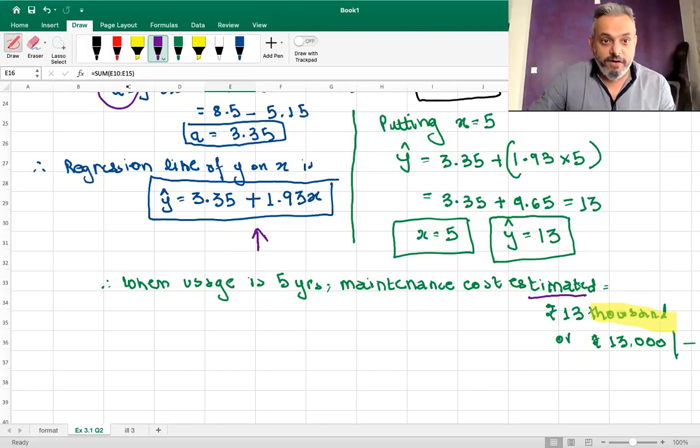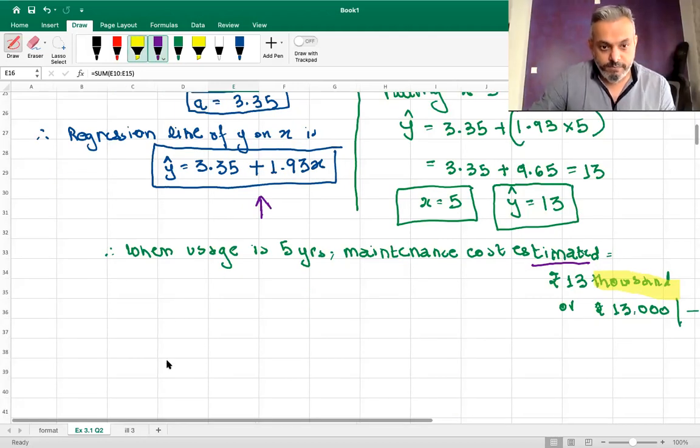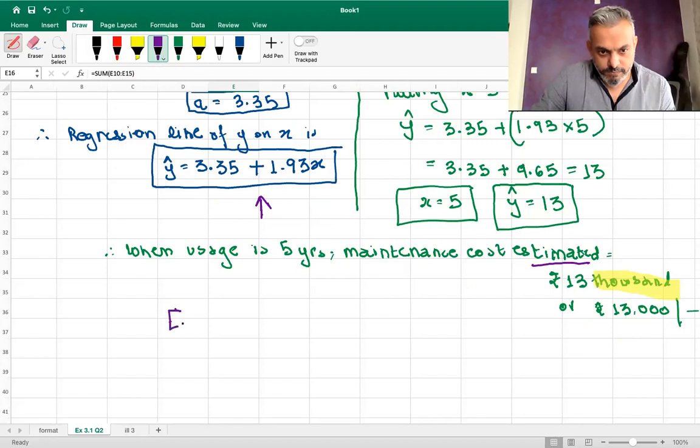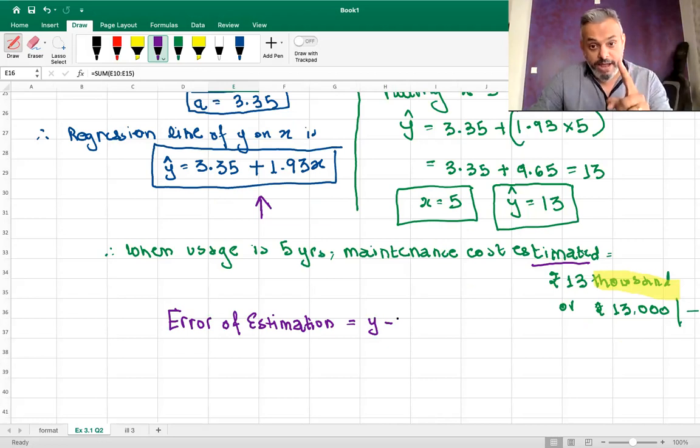So let's write this. Error of estimation is equal to y, the actual y, not the one with the cap, not the estimate, y minus y cap.